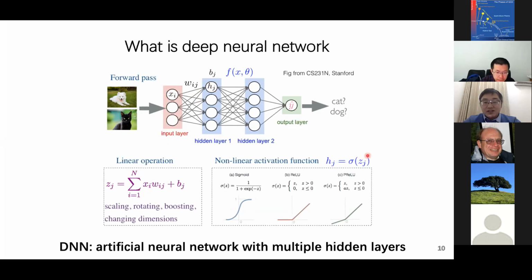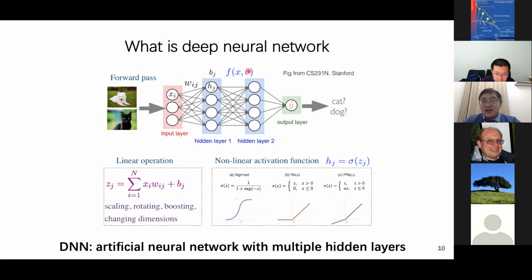Without this nonlinear activation function, this is a linear model. Because multiple matrix multiplications equal one matrix, it has no representation power. With this nonlinear activation function, this neural network can approximate any continuous function.